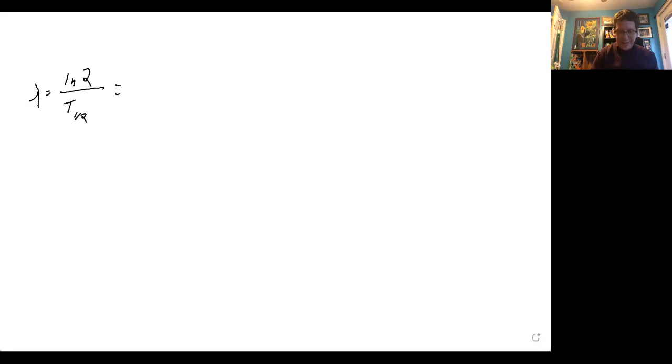That's 1.5 times 10 to the negative 10 inverse years. You don't have to convert it to inverse seconds if you don't want to, and oftentimes, if you're dealing with years, it might be beneficial not to.